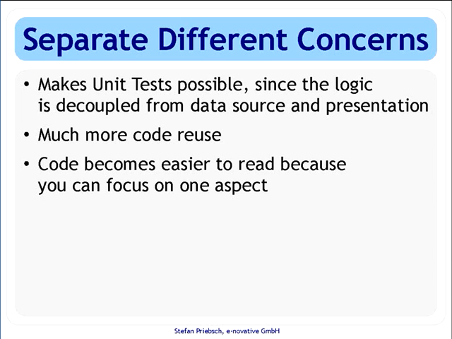If you think of the example I've shown you before, we had all this database access code in functions, and if you look at them, you focus on the database aspect, and you don't need to worry about the business logic, because the question is, where does the data come from? Where does the data go? How does the database structure look? But if you look at the business logic level, you don't want to worry about the database. And this makes code easier to read because you add more abstraction. You don't worry about the data access if you look at the business logic. That's what it boils down to.